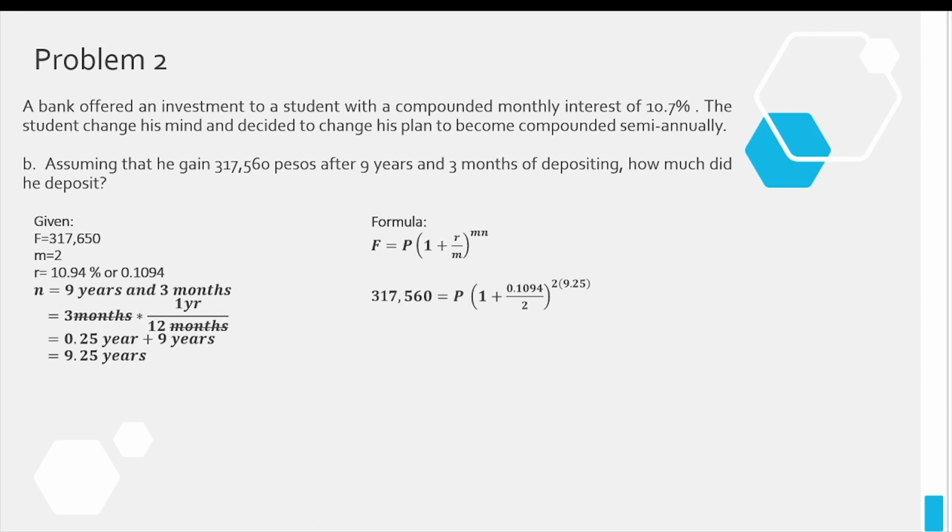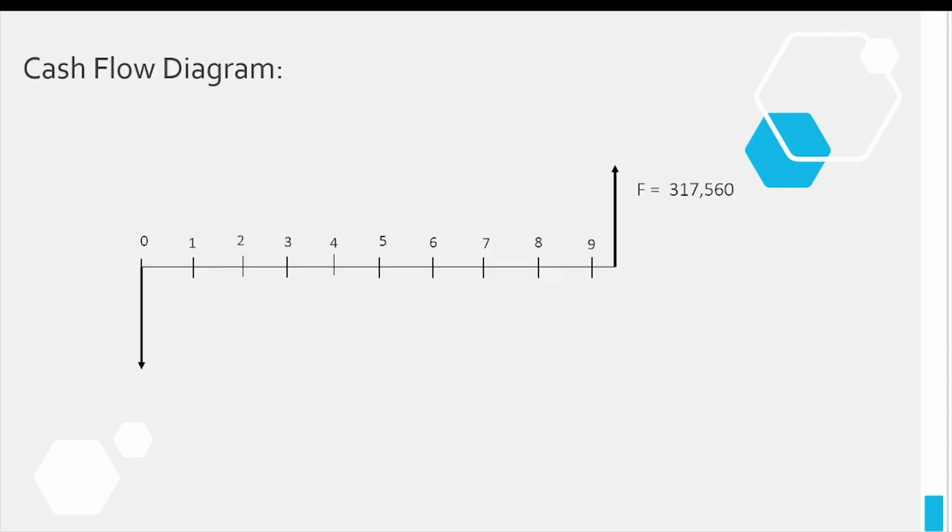Therefore, we obtain the principal value P equals 317,560 pesos all over the quantity 1 plus 0.0547 raised to 18.5, and we have the deposited amount of 118,560 pesos and 57 cents. So in the cash flow diagram, the future amount is 317,560 pesos, and the amount he deposited is 118,560 pesos and 57 cents.